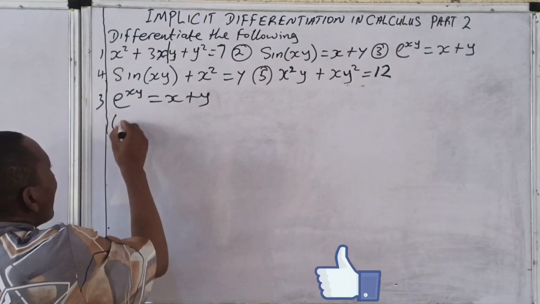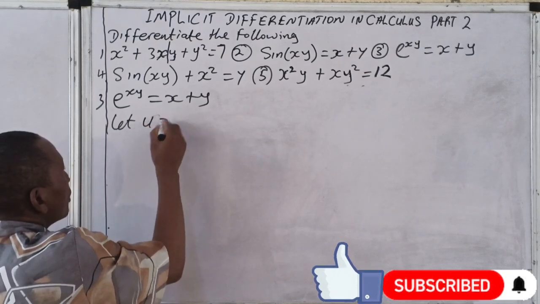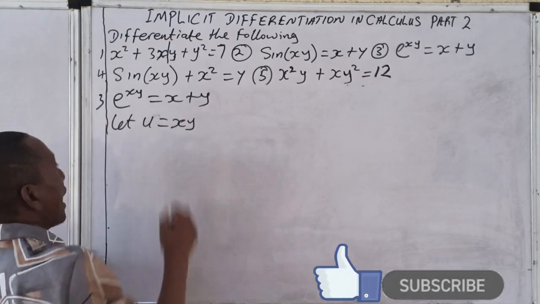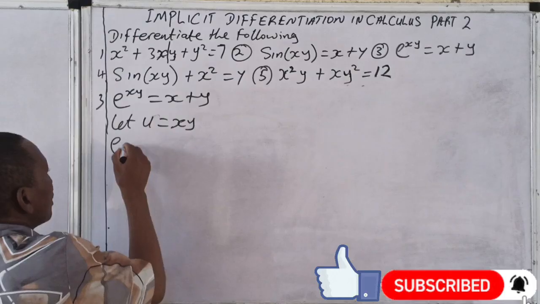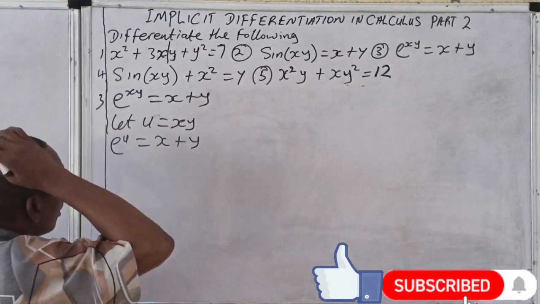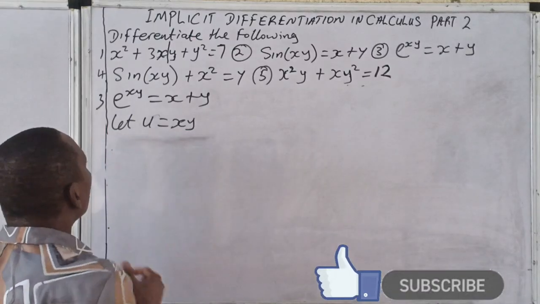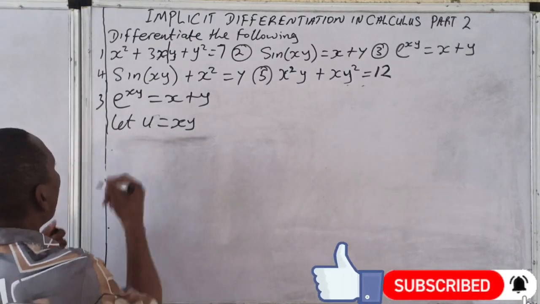First, let u be equal to xy. All right, so we now have e^u, where u is equal to xy. Now remember, you don't even need to write this.